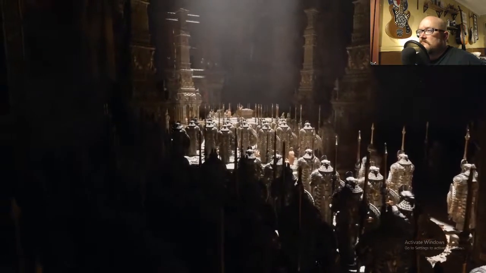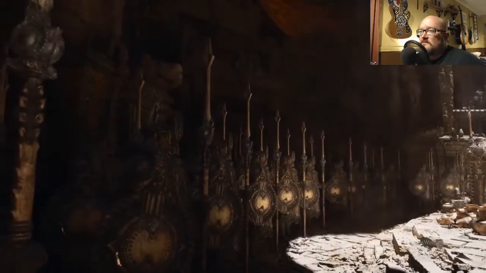So with Nanite, you have limitless geometry, and with Lumen, you have fully dynamic lighting and global illumination, all running on a PlayStation 5. Damn, look at that.